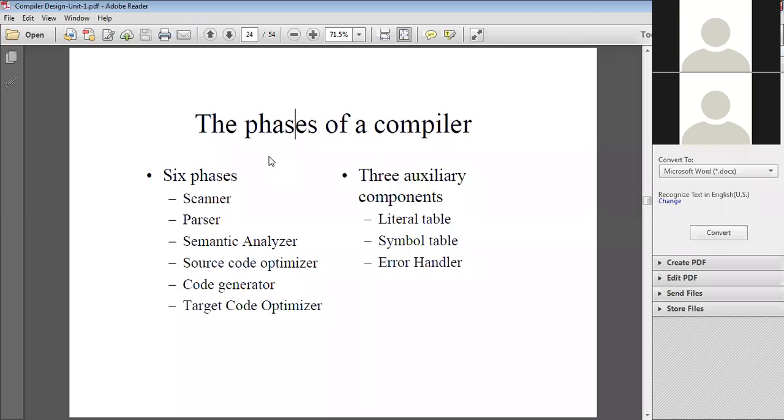What are the two main functions? To convert the source program, meaning the high level language program, into machine language, and to provide diagnostic messages, that is the error messages. And who provides the error messages? The error handler provides you the error messages.